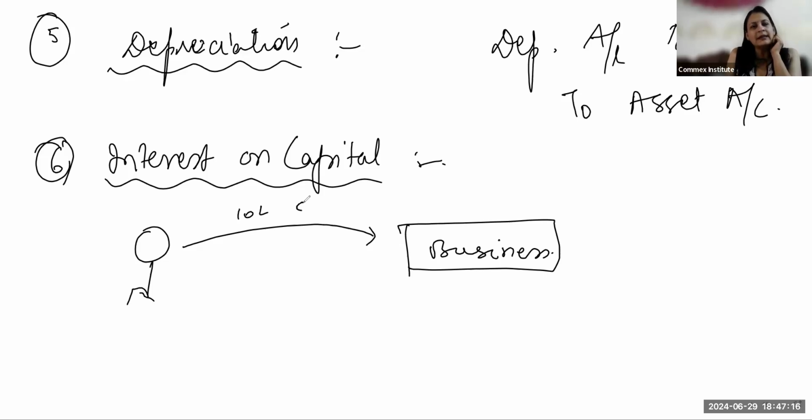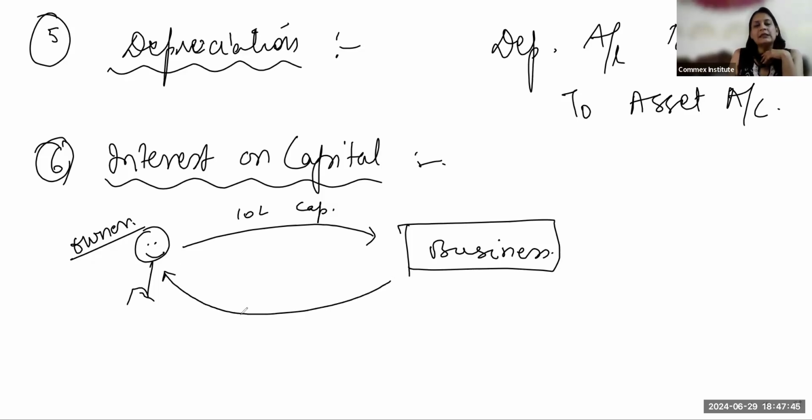It is known as capital. What the owner is putting into the business is capital. And obviously, the business should give the proprietor some return on this money which he has invested. Had he not invested it in this business, he would have invested in some bank or some other company, purchased shares or something. He would have got a return from there also, no?